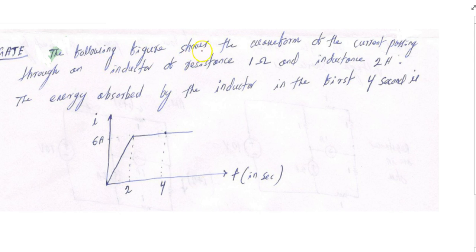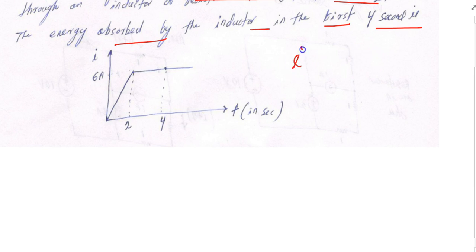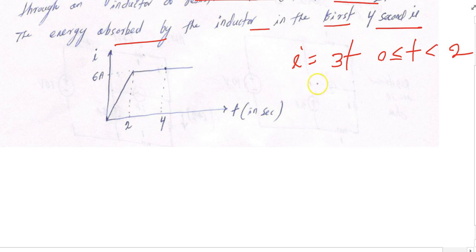Let us start another question. The following figure shows the waveform of the current passing through an inductor of resistance 1 ohm and inductance 2 Henry. The energy absorbed by the inductor in the first 4 seconds. It simply is the energy calculation. So I can write I as the slope is 3t for t from 0 to 2, and I is equal to 6 for t greater than 2.